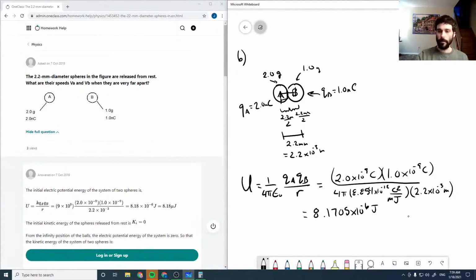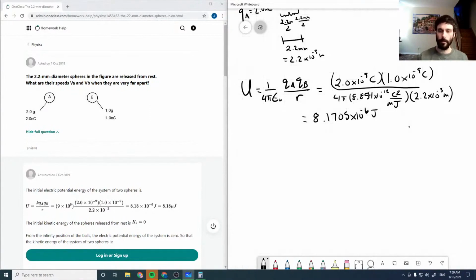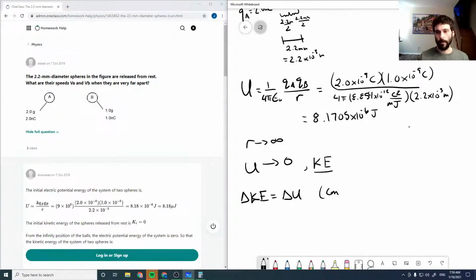Now, when the particles are very far apart, R goes to infinity, so U goes to 0. So we're going to have a kinetic energy of KE. Then delta KE is equal to minus delta U from conservation of energy.